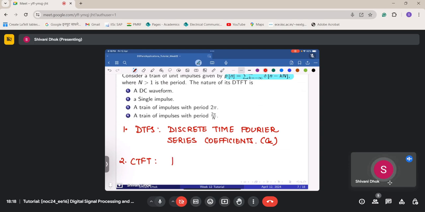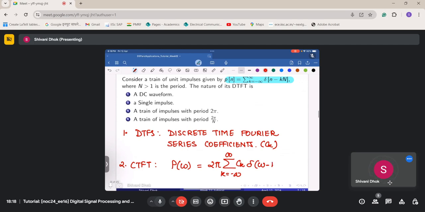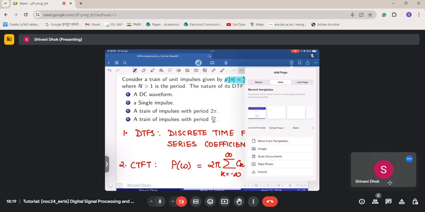which is given by P of omega is equal to 2 pi into summation k running from minus infinity to infinity Ck into delta of omega minus k times omega naught. Okay, so this is how we find this out.